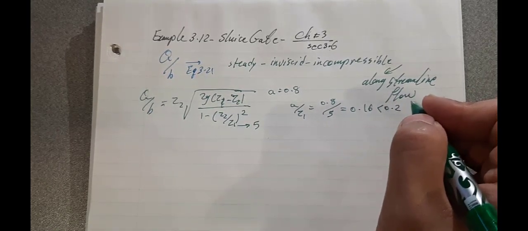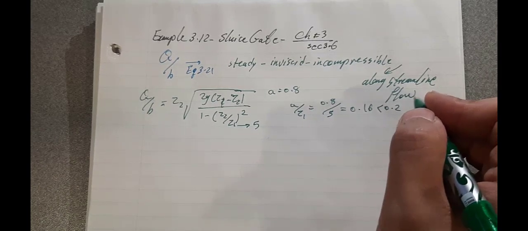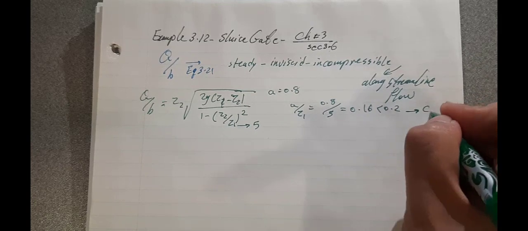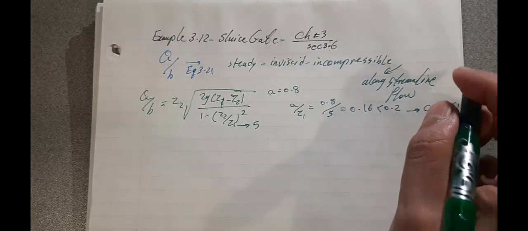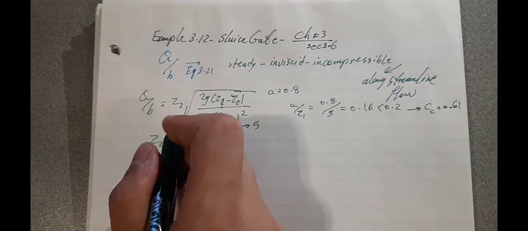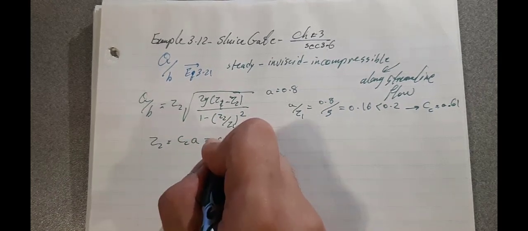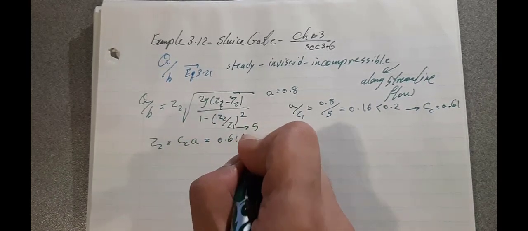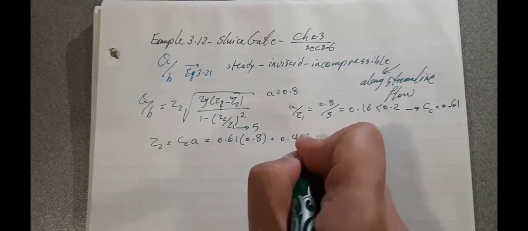So we can assume the contraction coefficient is approximately equal to 0.61. So we can have Z2 as the contraction coefficient multiplied by A. We can have it as 0.61 multiplied by 0.8, which is going to be 0.488.